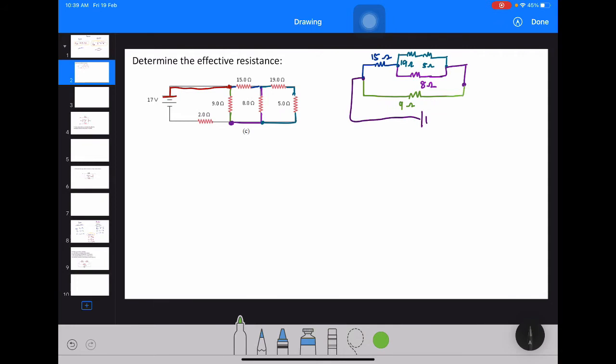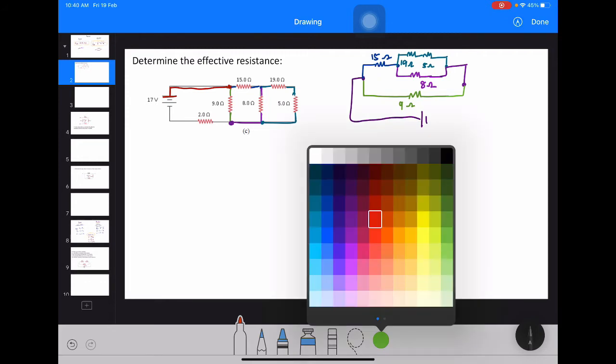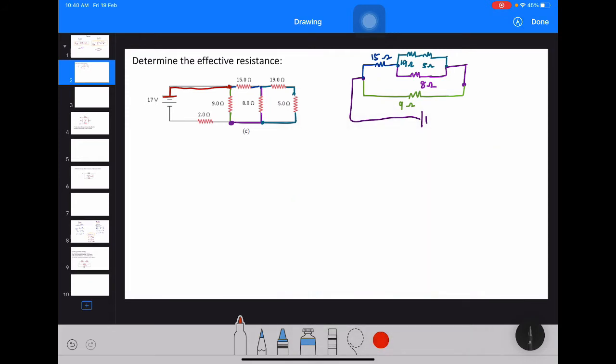Okay, and then it comes out from there, it meets the 2 ohm. Then only does it come out, and then they go back to the negative terminal.